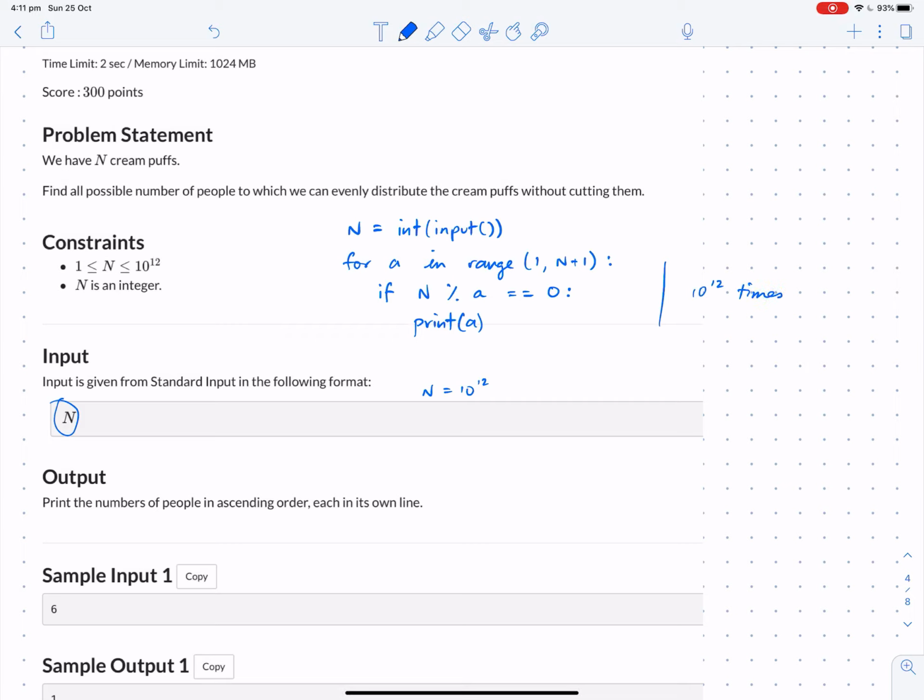Just as a rough idea, we've got 2 seconds here, and a computer can do about 10 to the 9 things per second. So we're very far short of being able to do 10 to the 12 things.